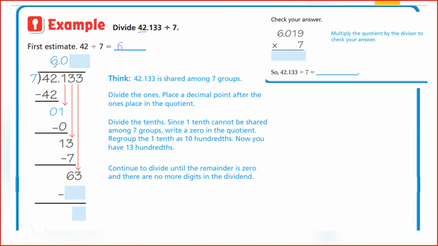Now, I will write this in a sheet to let you see what I have to do step by step. We have 42.133.